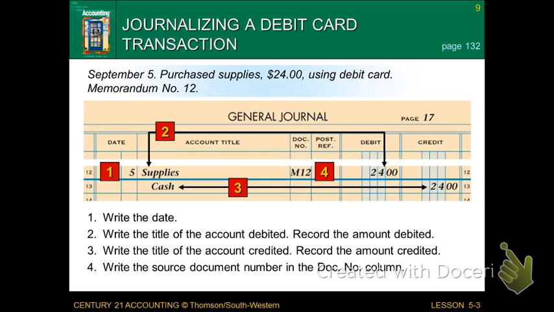In our example, on September 5th, we purchased supplies for $24 using a debit card, in accordance with memo number 12. We've done this before, just like you would with cash. Our supplies would increase as a debit, and since this debit card is pulling cash out of our cash account, we decrease our cash as a credit.